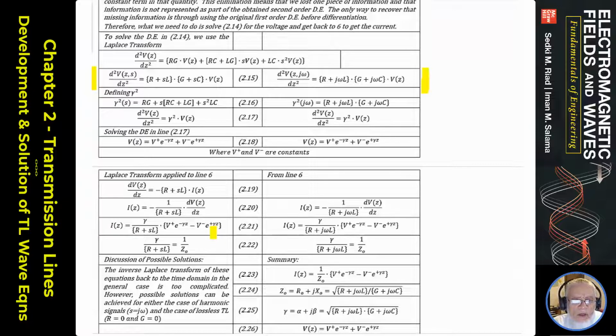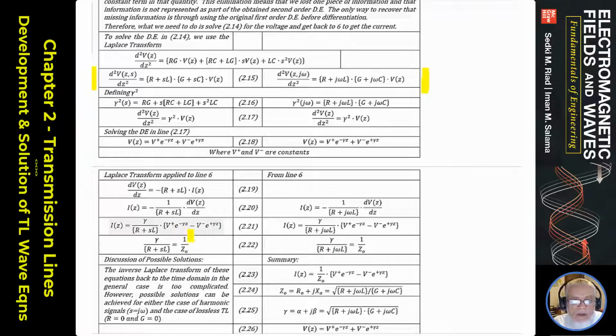We can get the current expressions by going back to the original equations and making some more substitution, and we end up with the current expression. Here it is, current. In the Laplace domain, again, it has the S, and this one has j omega. The coefficient here has the units of inverse impedance, so call it 1 over Z naught.